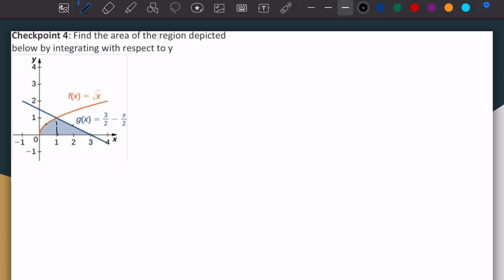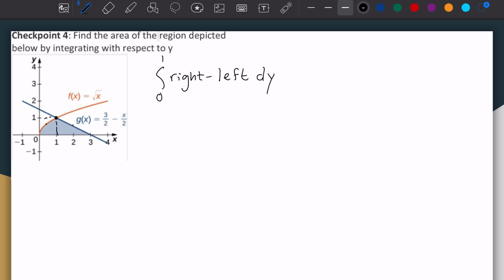So this time the values for the integral, our interval, since it's going to be y values instead of x's, is 0 to 1, and it'll be right minus left dy.